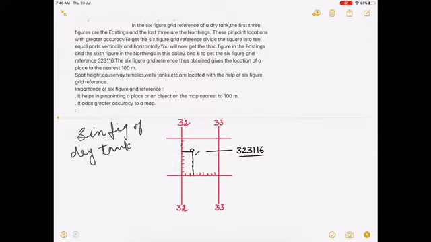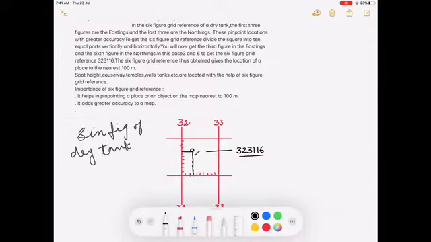what we are going to do, children, is very important to understand. You will first see where the symbol lies. For example, this is a dry tank. What is its southwest corner? Move towards its southwest corner. This is its southwest corner that I have already explained. Now its easting is number 32.